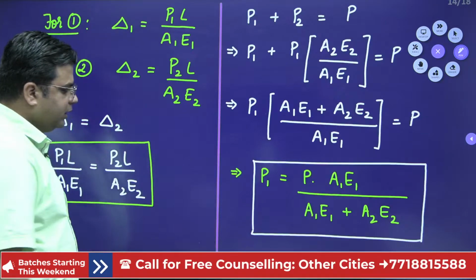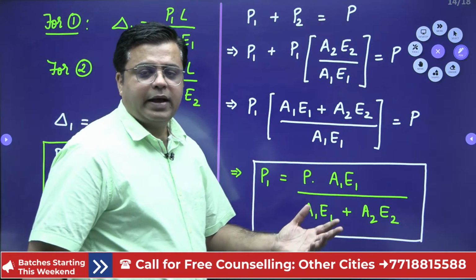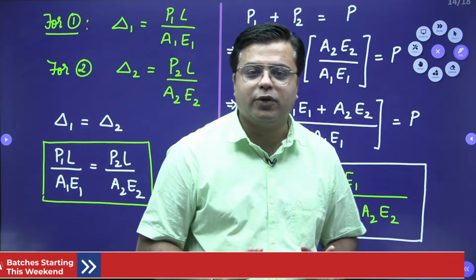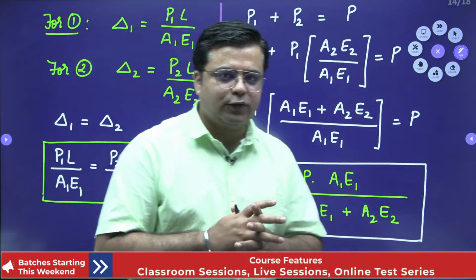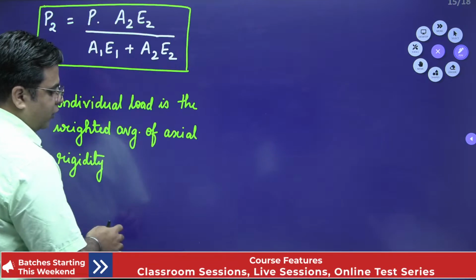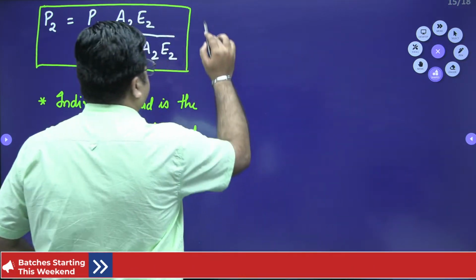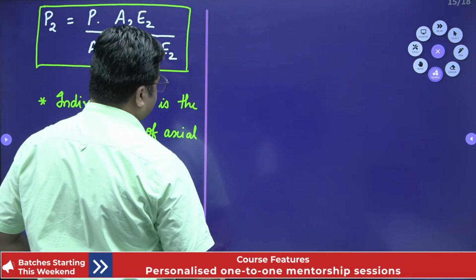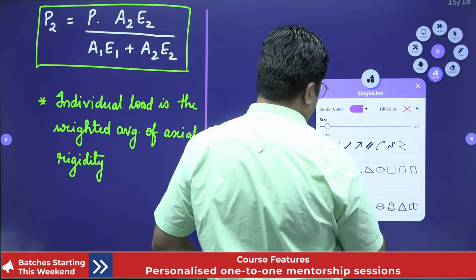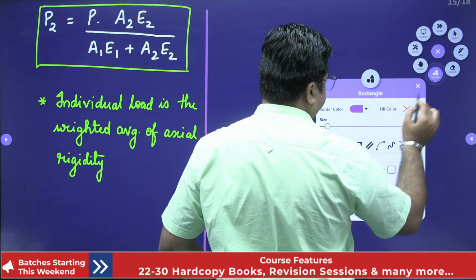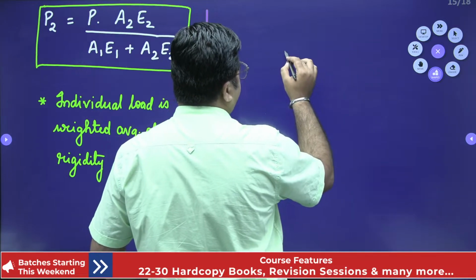You may ask, sir, how to remember these formulas? I'm saying do not remember these formulas. Just observe the figure and make these formulas, right? And I'll tell you how you can do this. Suppose you are given with 3 members like this.